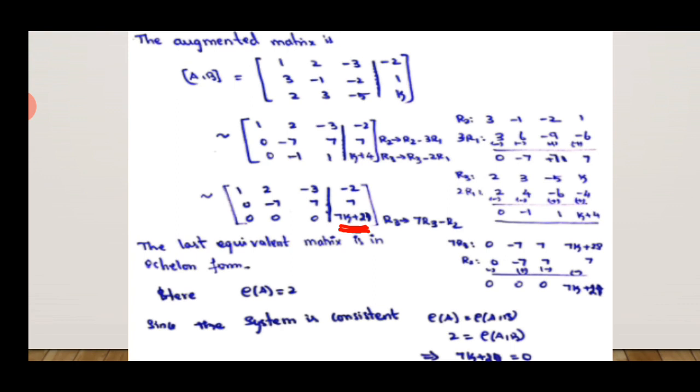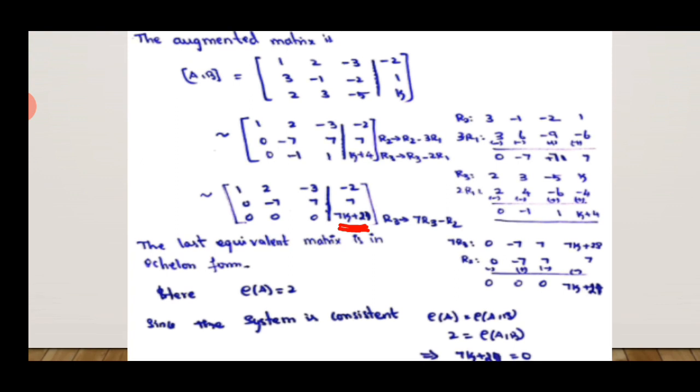And now we have to do it for the third row. Third row, first place also we have to make it 0. So for that the transformation is R3 implies R3 minus 2R1. So R3 entries are 2, 3, minus 5, k. This time it is not a number, it is k. And then 2R1 means multiply 2 in the first row and write. So 2 into 1 is 2, 2 into 2 is 4, 2 into minus 3 is minus 6, and 2 into minus 2 is minus 4.